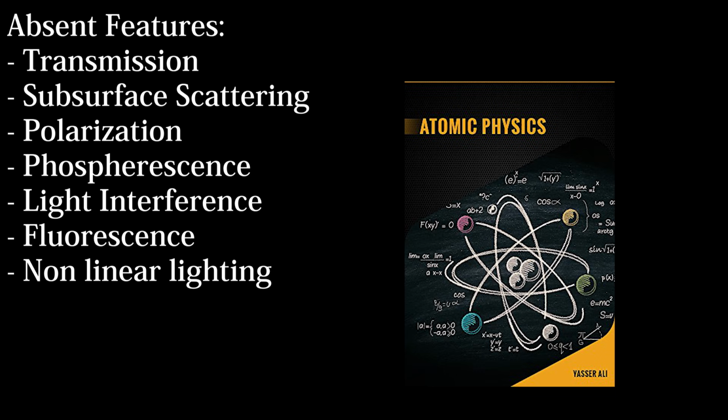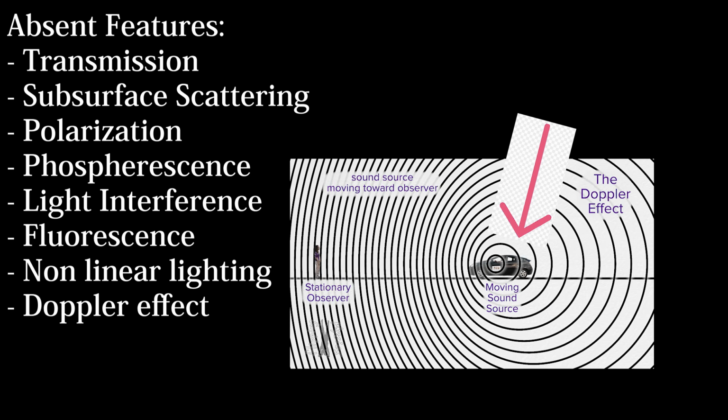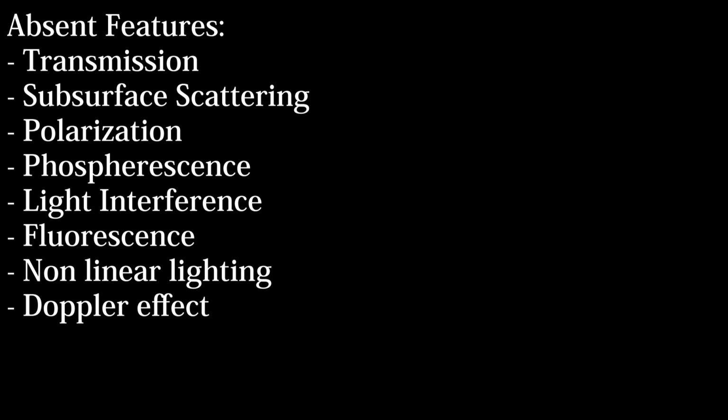If you want to read about atomic physics, you can go ahead and do that on your own time. Lastly, the Doppler effect also applies to light, but only when objects are traveling close to the speed of light, so we can probably just ignore this one.